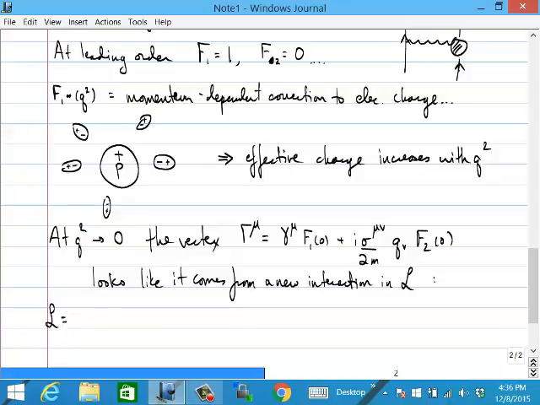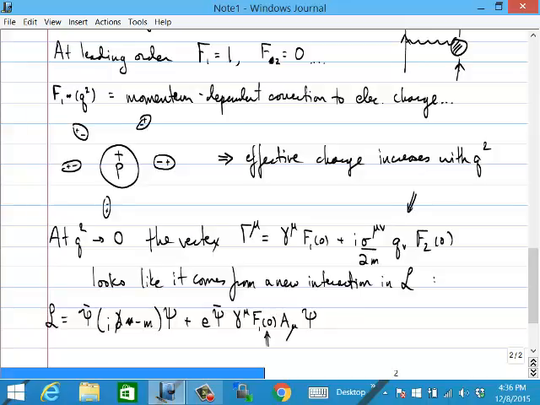So in particular, I remind you that our original interaction, i.e. gamma mu, came from the QED interaction, so that looked like e psi bar gamma mu psi A mu, okay? So that's where the ie gamma mu interaction came from. Okay. And here I've just included the effect of that first form factor F1 of 0.